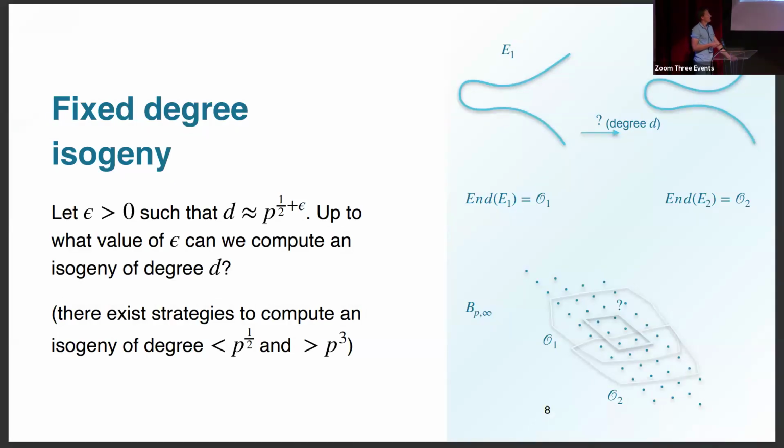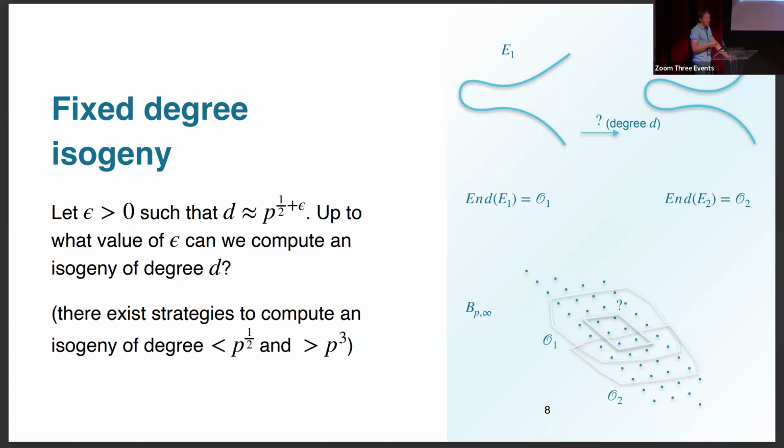So how did we address the problem? We defined the degree D as P to the 1/2 plus epsilon, and we asked up to what value of epsilon can we compute an isogeny of degree D. And why did we choose such values?